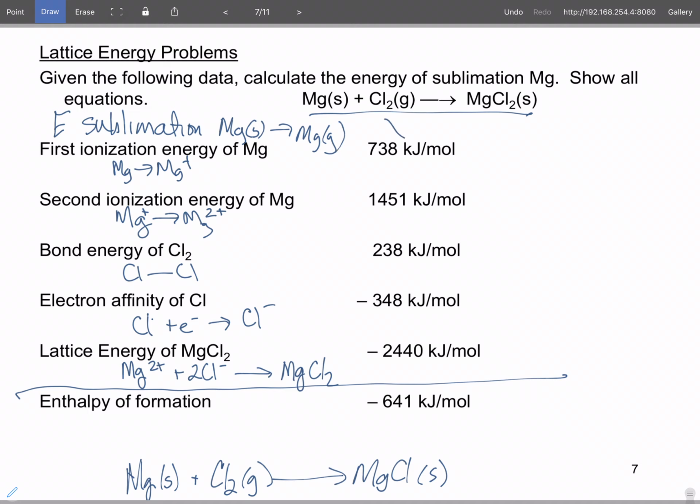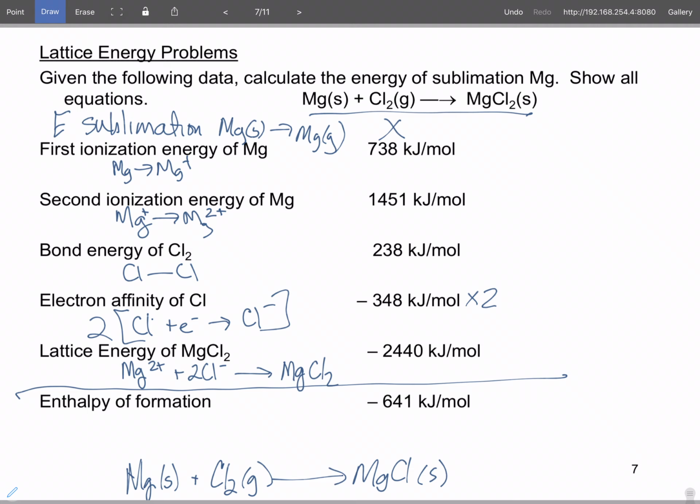So that's the one we're missing here in this process. So if we look at it, we're like, okay, that's fine. We've got one magnesium. We're going to gain the electron. Wait a minute. Bond energy splits up the chlorines. But we need 2 of these chlorines. So this would have to be multiplied by 2.